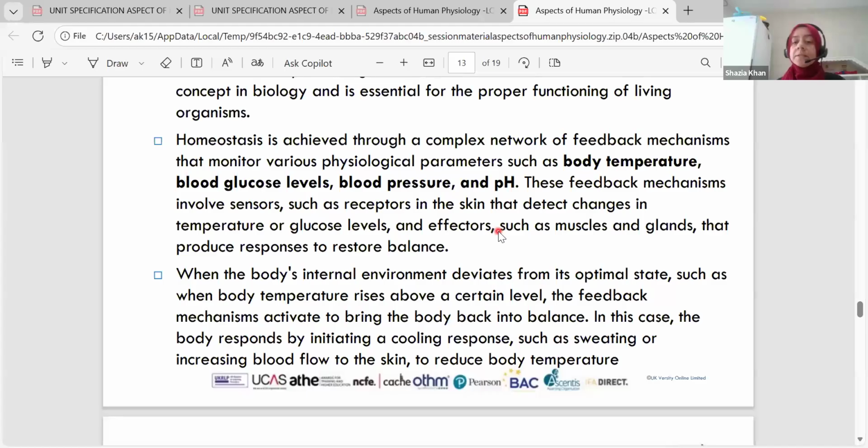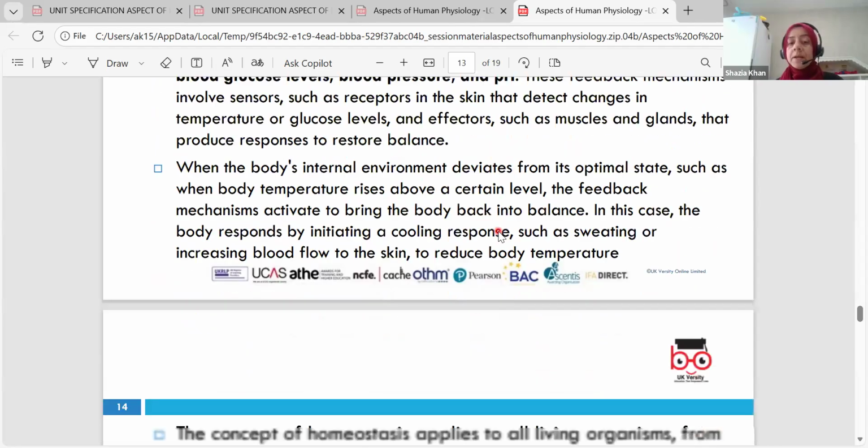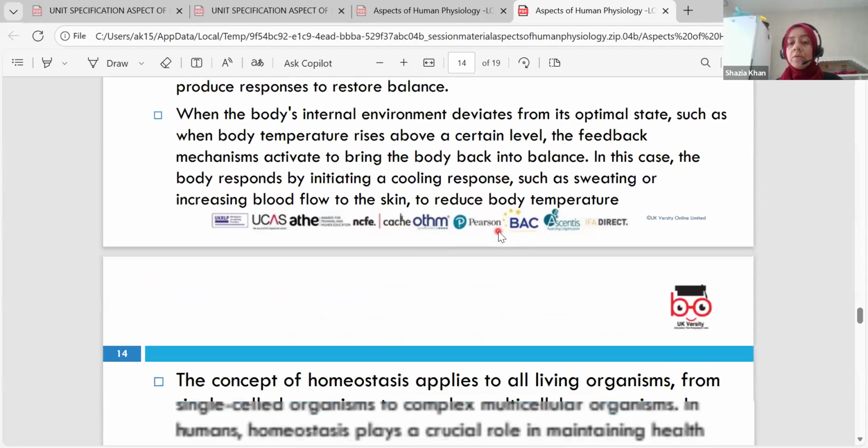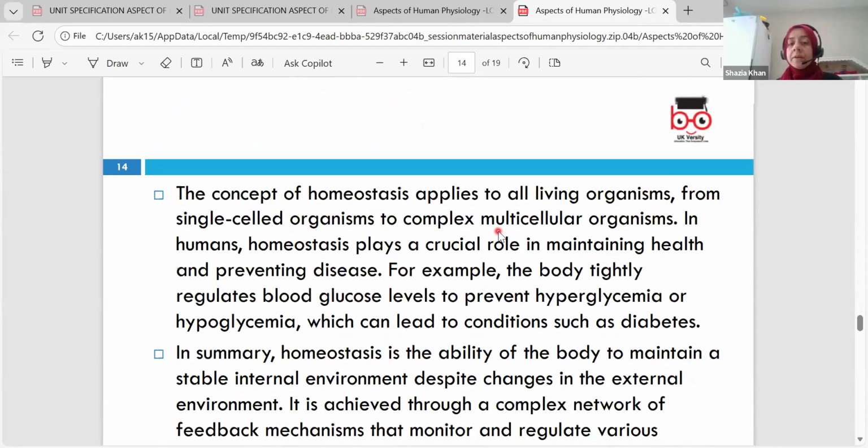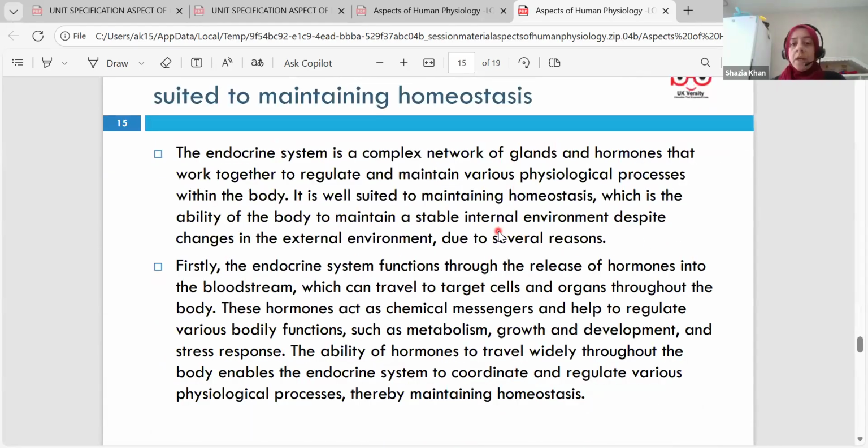These feedback mechanisms involve the sensors, such as the receptors in the skin, and these detect changes in the temperature or the glucose level, and the effectors, such as the muscle and the glands, which produce responses to restore balance. When the body's internal environment is not normal, a negative feedback mechanism goes into process, and it helps going back to homeostasis.